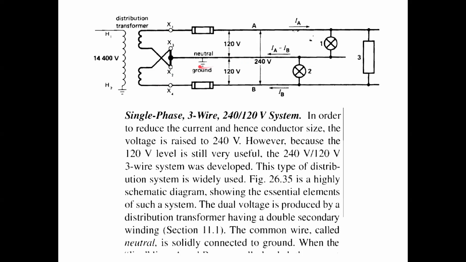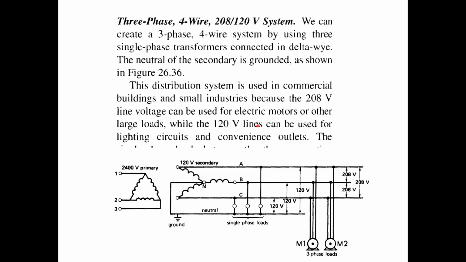If you connect between this artificial neutral and one of the phase lines, you will get 120 volt. And if you connect between these two, the voltage will be 240. This is how we get the 120/220 system. This is the one which we have in our city. Now the government is changing all of it into the 208/120 volt system. This system is going to be changed.